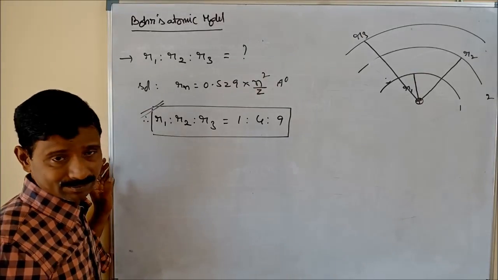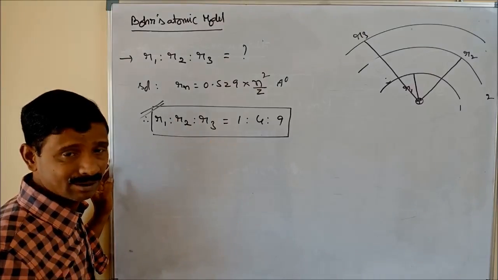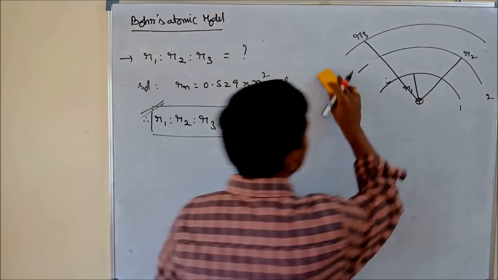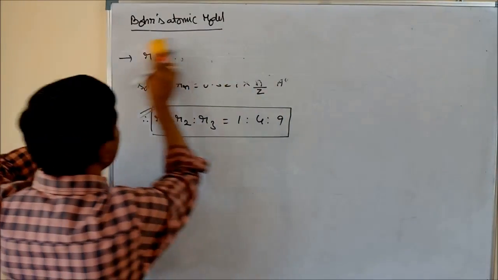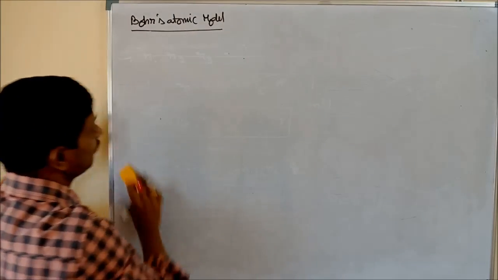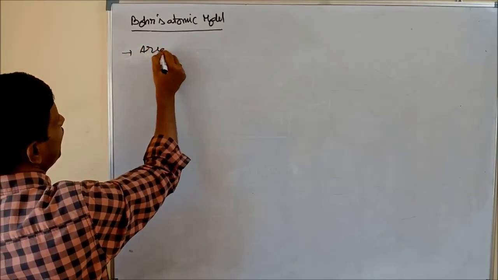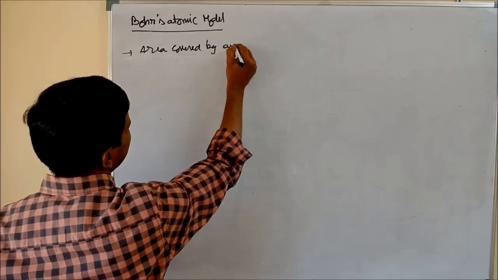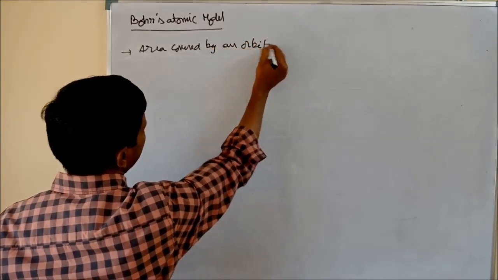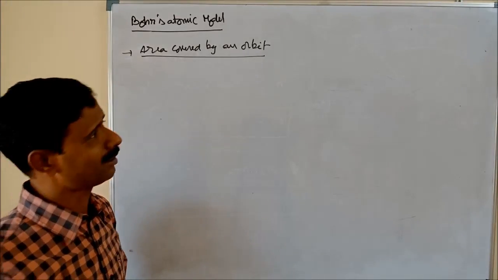And sometimes, since we know the radius and those orbits are circular, another important concept regarding the orbit is the area covered by the orbit, whether it is the first orbit, second orbit or third orbit.